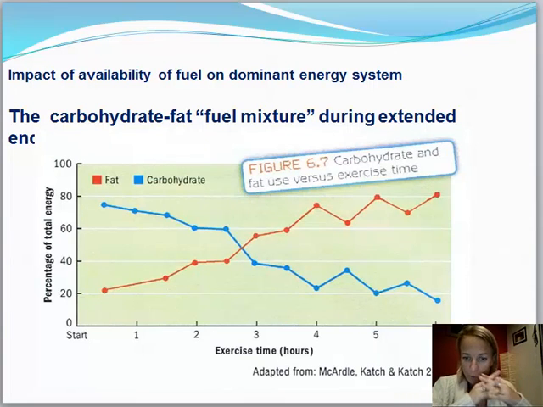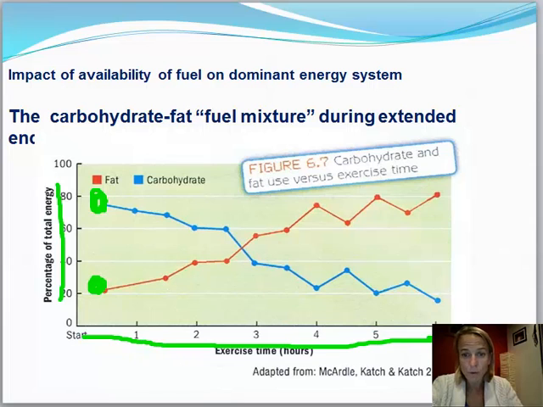This graph shows us how we use both fuels. We're using carbohydrates and fats, it's not one or the other, together over a long period of time. So if we read the graph, we have percentage of total energy. This is all the ATP we're producing, and in the beginning it's mainly carbohydrates and a little bit of fat.